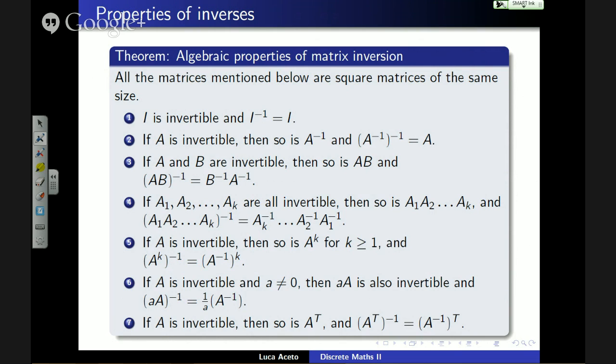Not only can we compute the inverse of a matrix when it exists by applying the elementary row operations, which are our tool to solve systems of linear equations, but the existence of an inverse tells us something very special about the number of solutions to a system of linear equations associated to the matrix we are trying to invert.